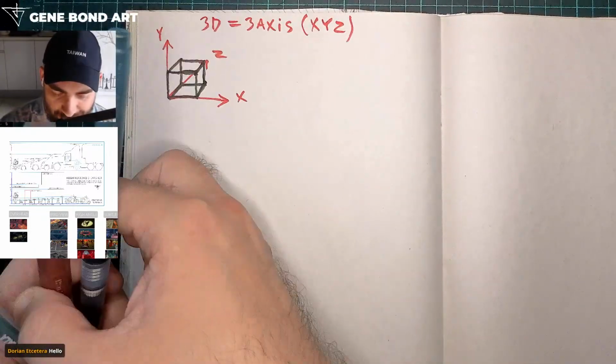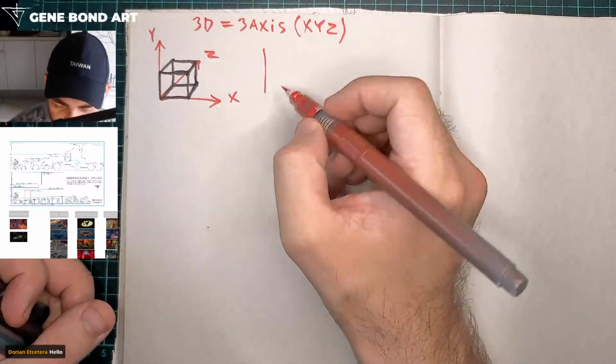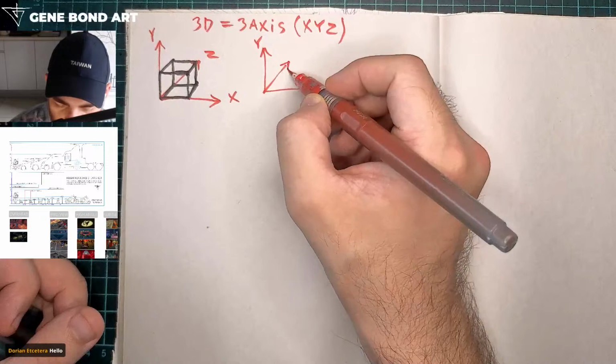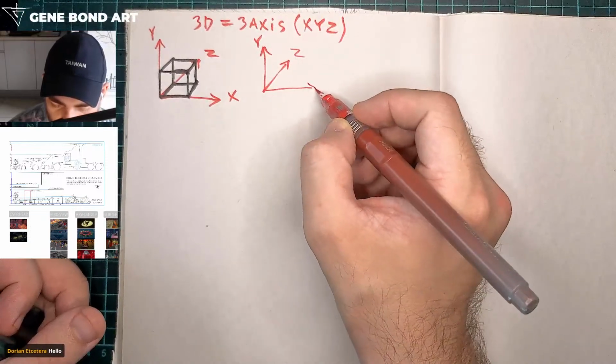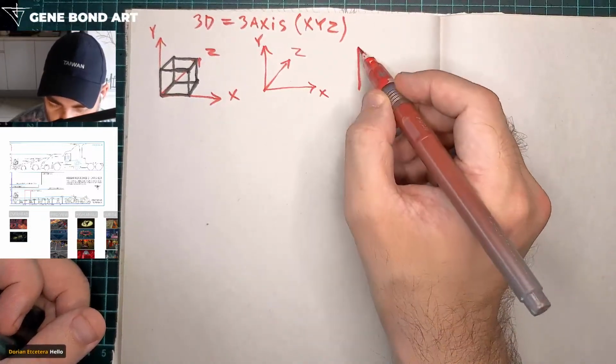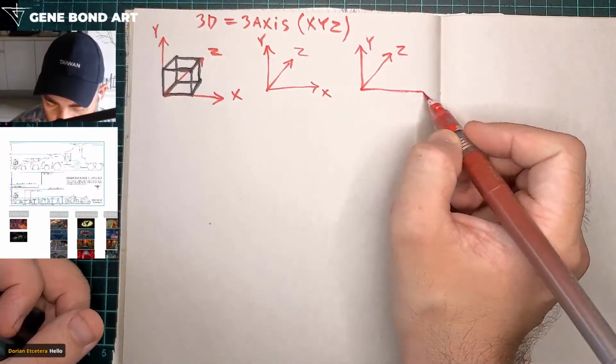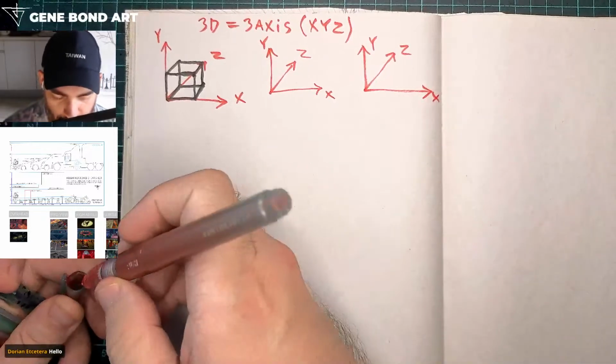So let's say, for example, here y, z, x, y, z, x.